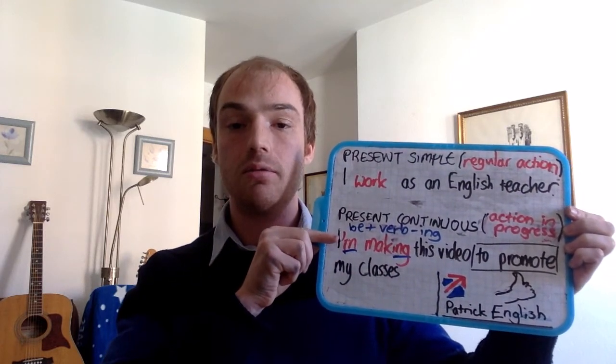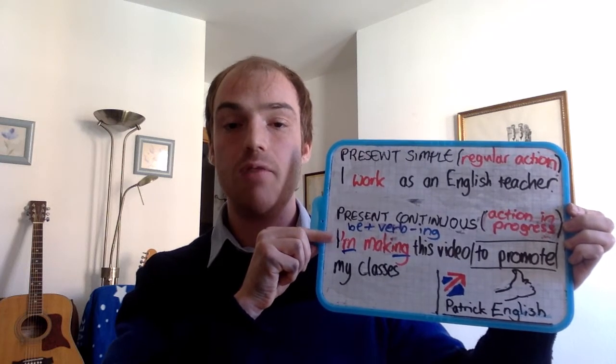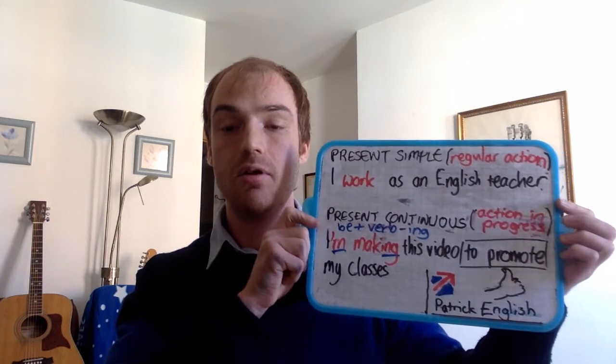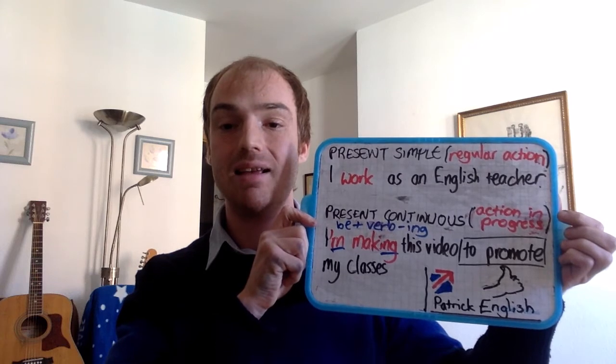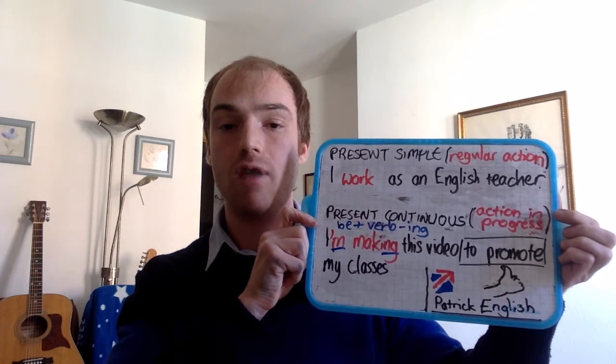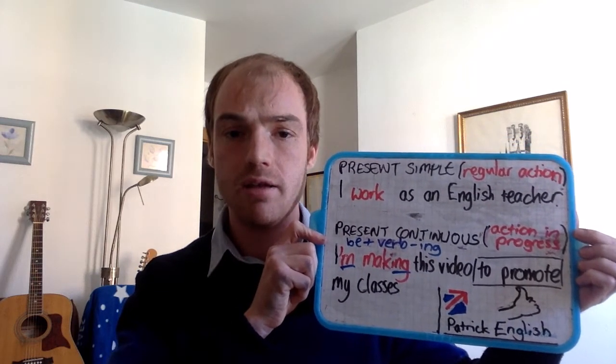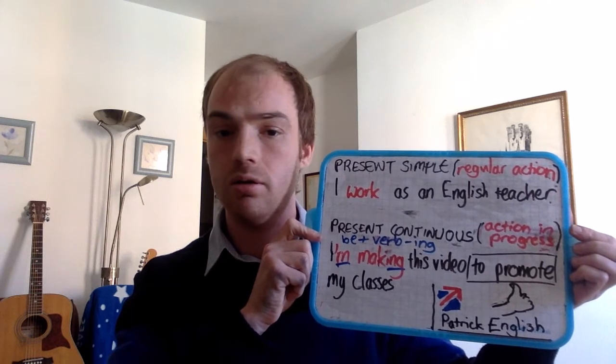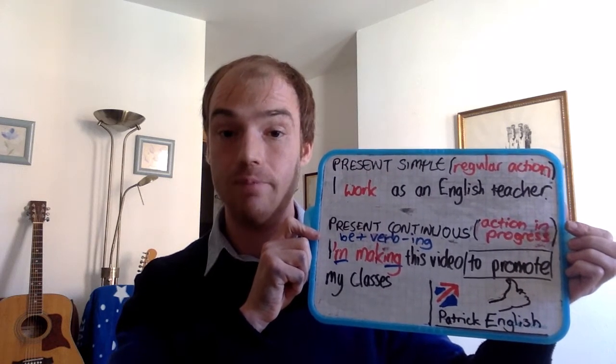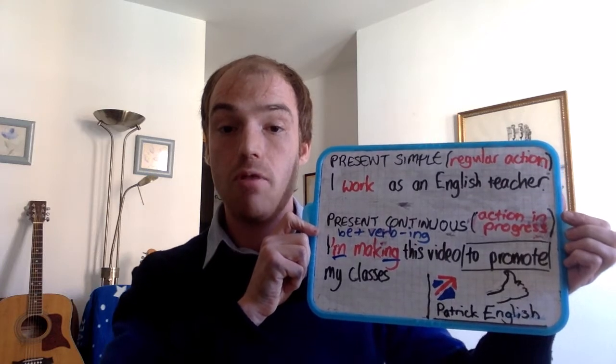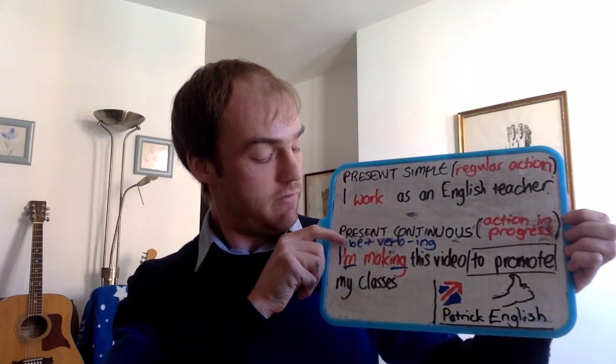Here, I'm making, we use the present continuous because making is an action in progress. Have I finished making this video? Oh no, I'm making this video. With the present continuous, we use the verb to be.